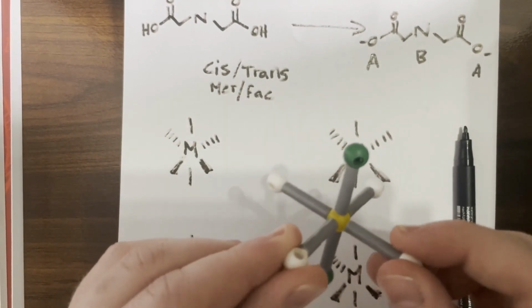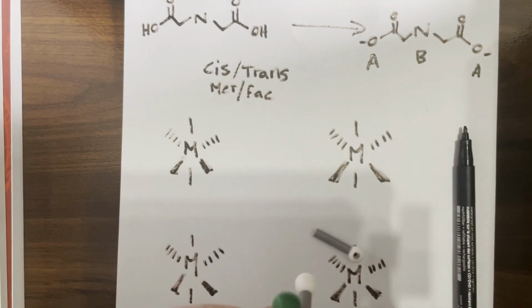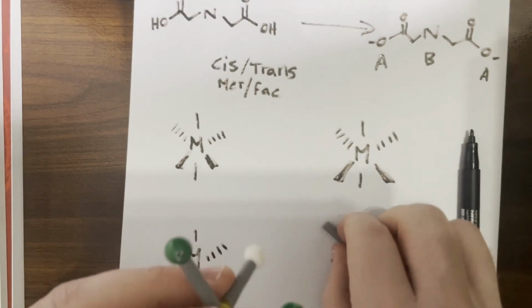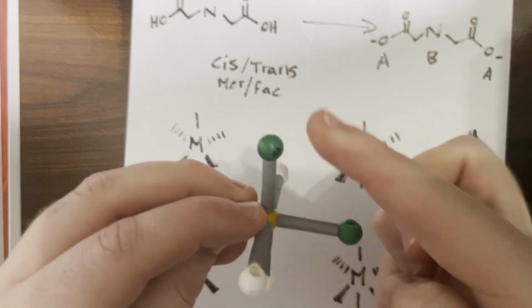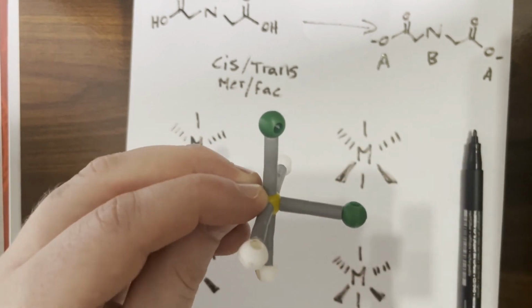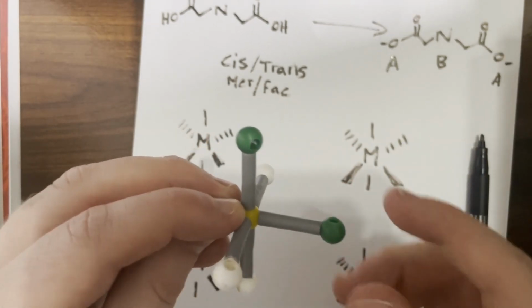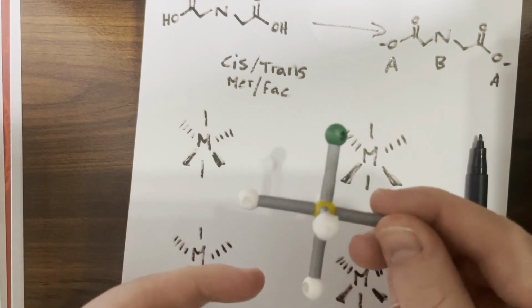Let's say I want to start with my atoms cis to one another. My two nitrogen atoms are placed cis to one another in the complex, and my oxygens are also cis to one another.